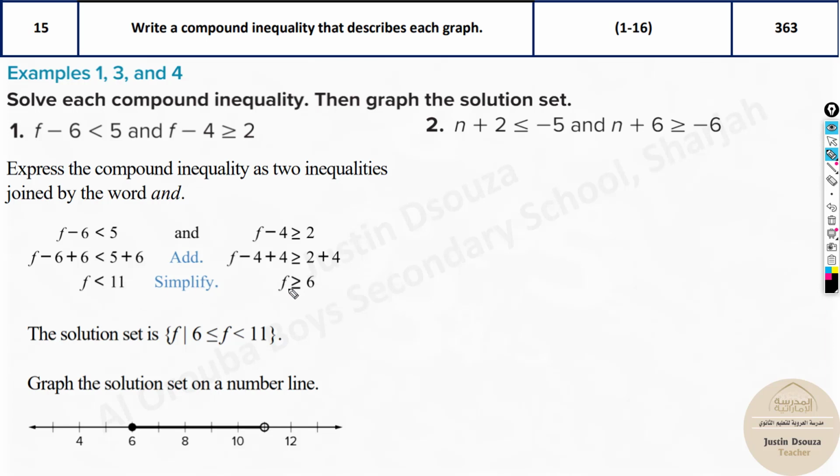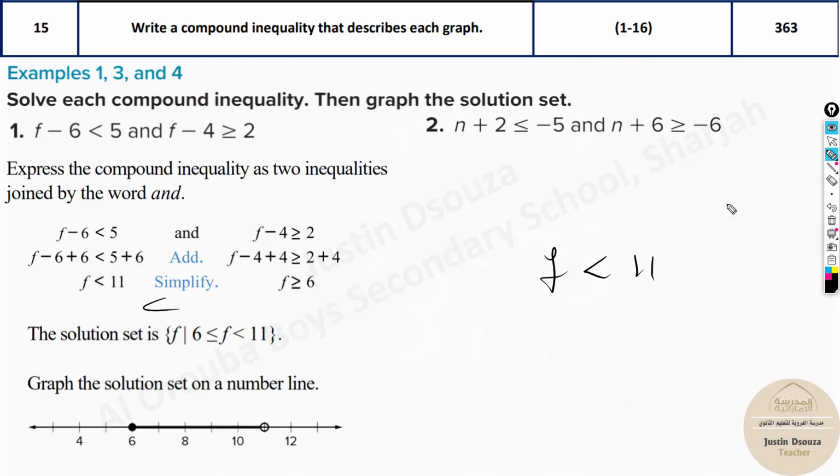Now, what you can do is, you can first understand what the answers are. f less than 11. So we need to write something like this first. Write wherever f is less than, don't write greater than. See both the inequalities. Do we have less than? If it's both less than and less than, it's another case.